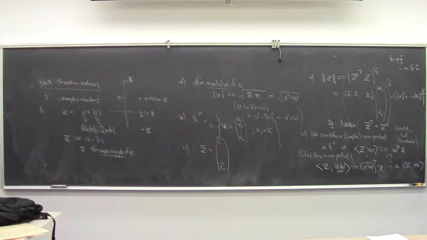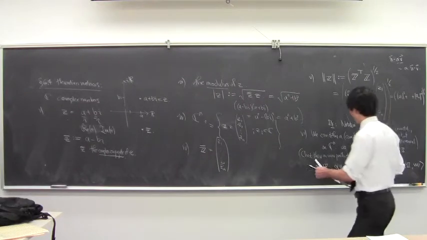Is that what you get? No. What do you get? You get the complex conjugate. So it's actually not linear. This isn't an inner product, because in the second variable, it's not linear. It's what's called conjugate linear.